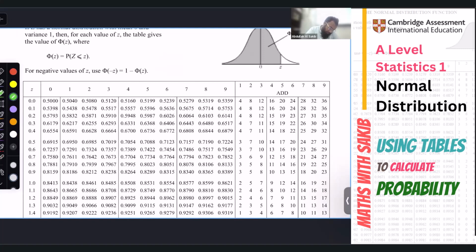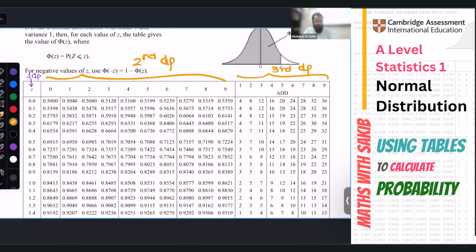Here, this is all about the first decimal place. Write it down. First DP. Here it is the second DP, the second decimal place. And this is for the third decimal place.